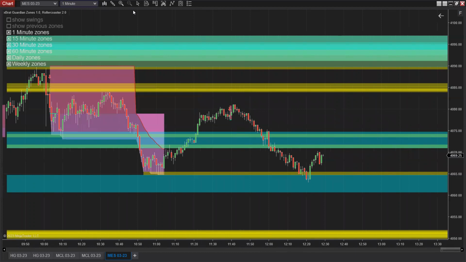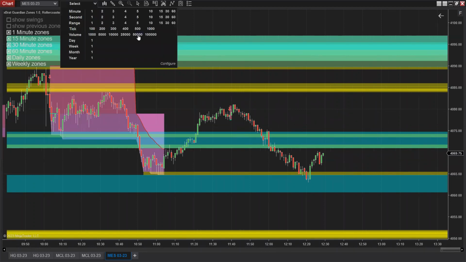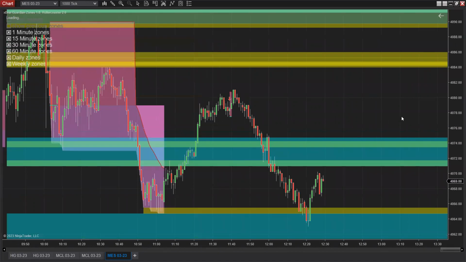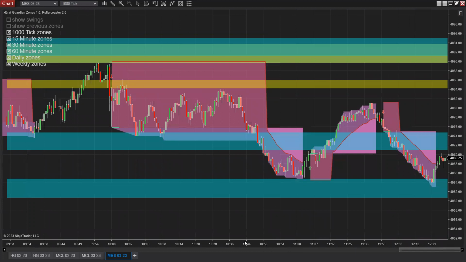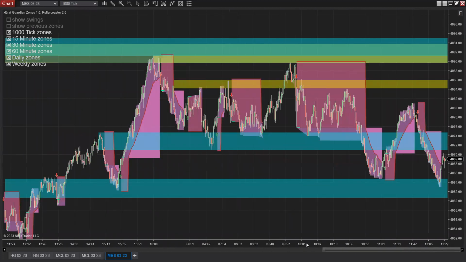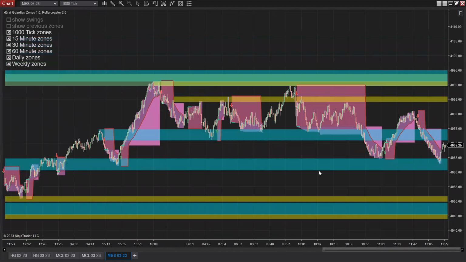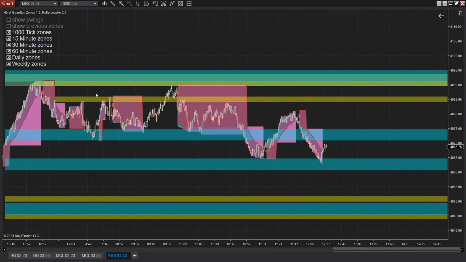But if I take you back to a tick chart, there were more trading opportunities on a tick chart, and you can see that, again, this zone was not there when we had that trade. There are better.